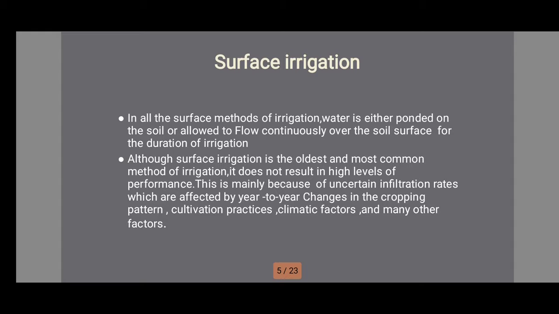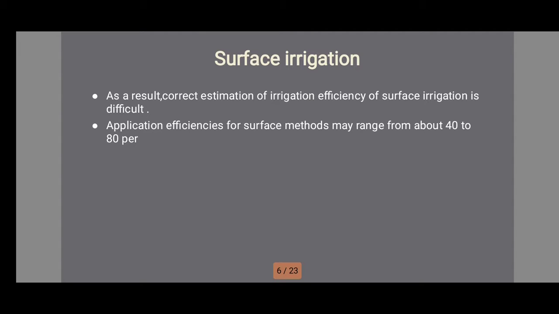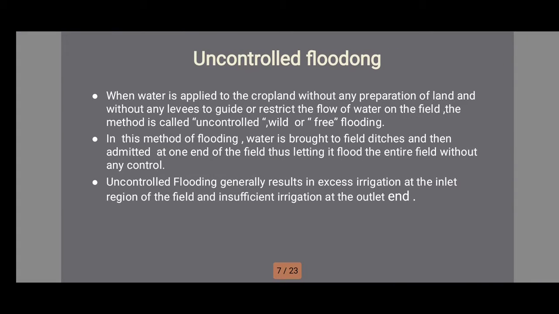This is mainly because of the uncertain infiltration rate, which is affected by year to year changes in cropping pattern, cultivation practice, climatic factors, and many other factors. As a result, correct estimation of irrigation efficiency of surface irrigation is difficult. Application efficiencies of surface methods may range from 40 to 80%.